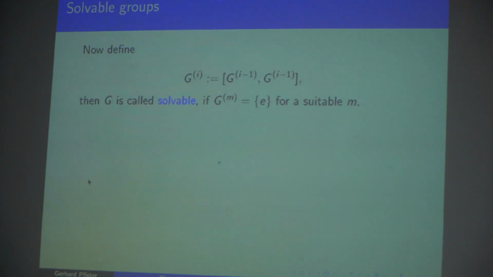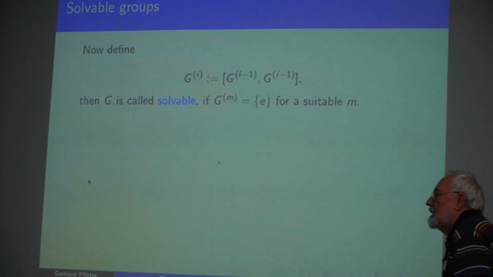Now, there's a kind of hierarchy. The simplest groups are the abelian groups. Next are the nilpotent groups, and next now are the solvable groups. So now we define again G_i by the commutator of G_(i-1) and G_(i-1). So there's a difference.